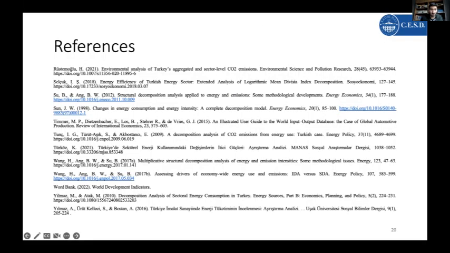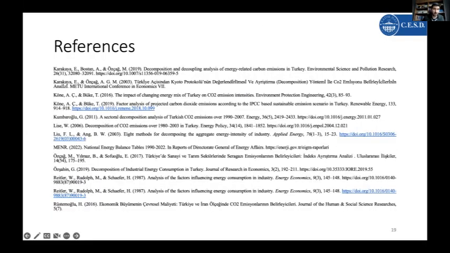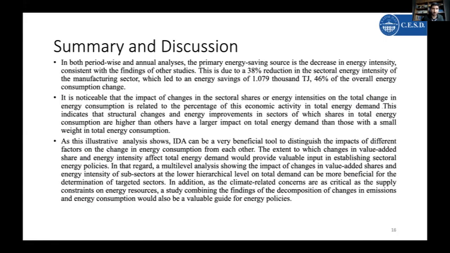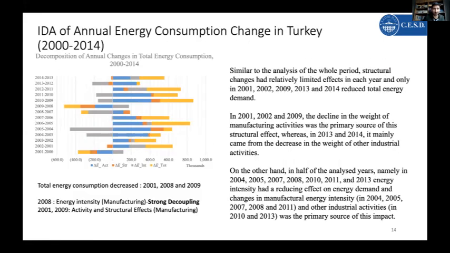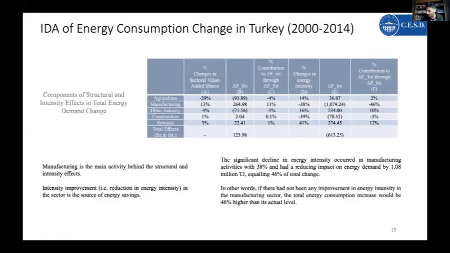I want to talk a little about one thing. You spent so much time, Aynur, on the theoretical background of the index decomposition analysis. It is better if you keep your concentration on your own work, because anyone who wants to learn about that could easily find it, right? My first question, or rather suggestion, is about the decline in energy consumption during 2013.